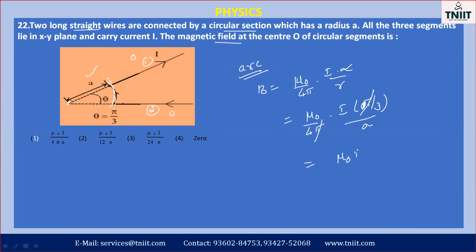It will be mu naught I divided by 4 into 3, 12 times A. Mu naught I divided by 12 A. So option 2 is the right answer.